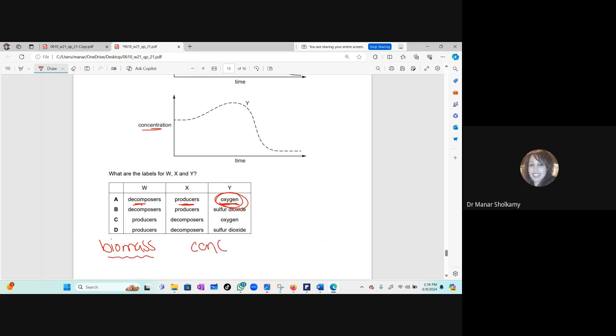What does biomass mean anyway? It is the dry mass of a living organism, the mass without water.